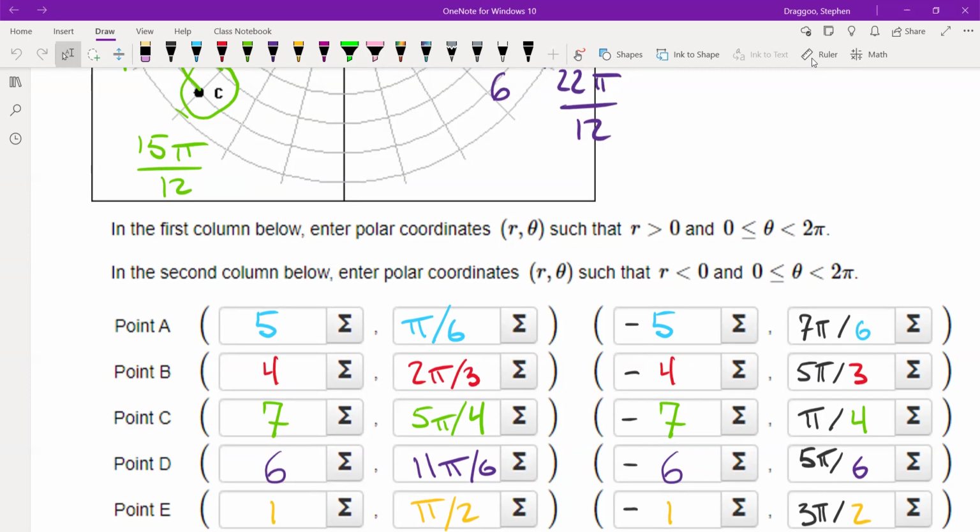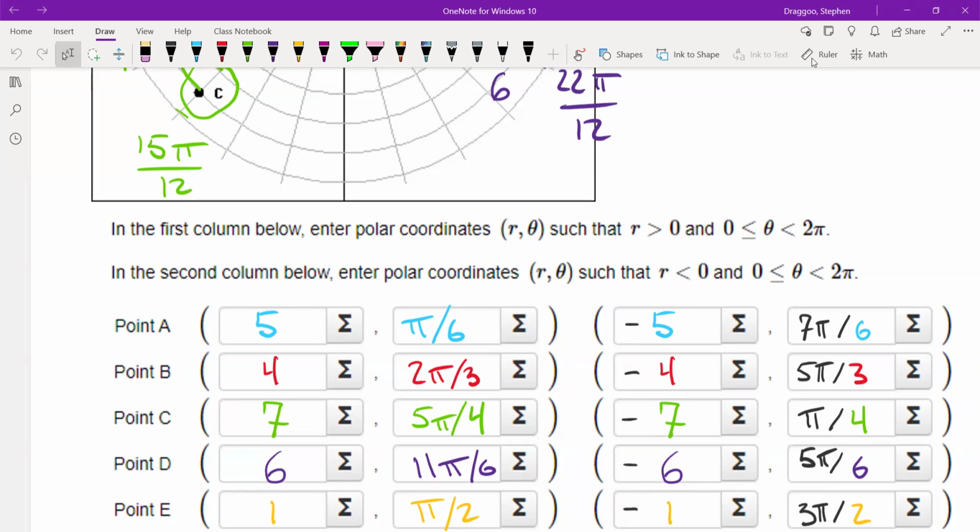The easiest way to do that is to stick to only positive values for R and only standard unit circle values for theta, so things between 0 and 2 pi. I want to simplify my angle so that it's less than 360 degrees, but still positive, or less than 2 pi radians. I can always find a coterminal angle to talk about instead.